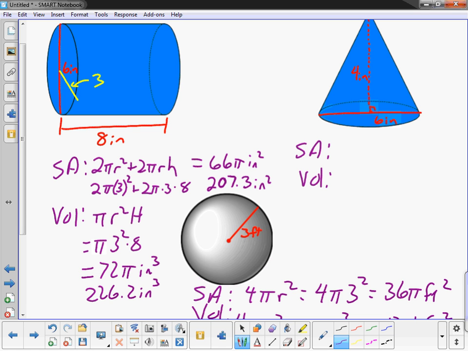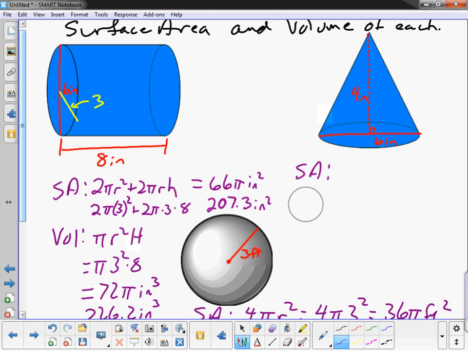Okay, so now let's look at the volume and the surface area of the cone. Okay, the surface area, according to our formulas, is pi r squared plus pi r L. I don't have an L. I don't have that slant height. So what do we do?